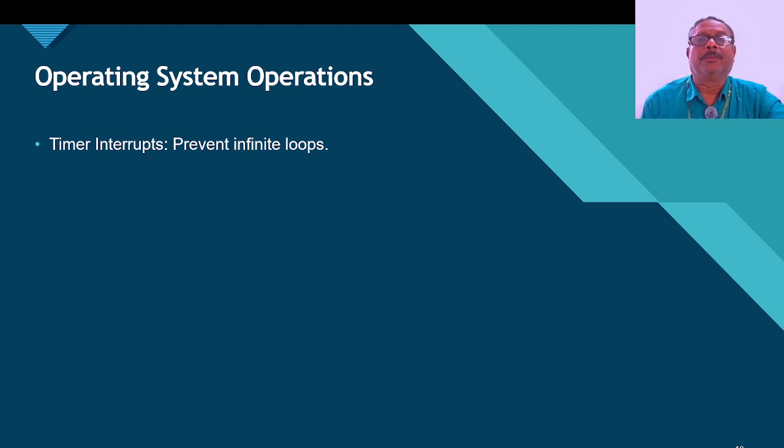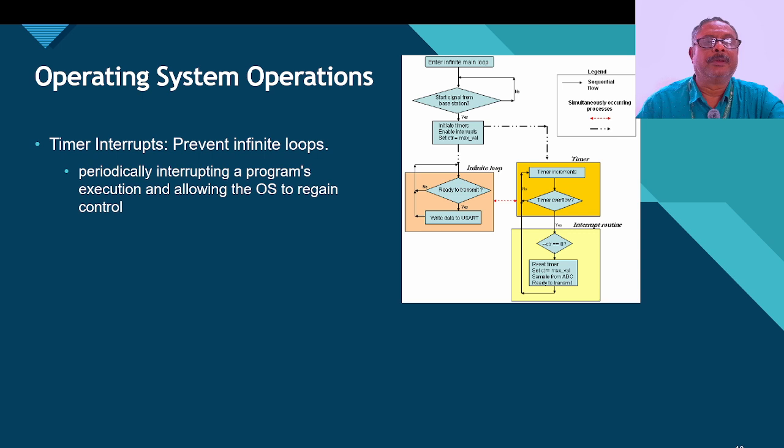Then the program may continue to run forever, and it is the operating system's duty to ensure that the user program does not run forever. So it should somehow prevent these infinite loops.